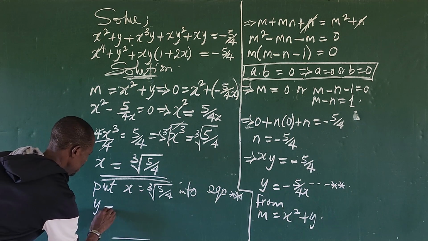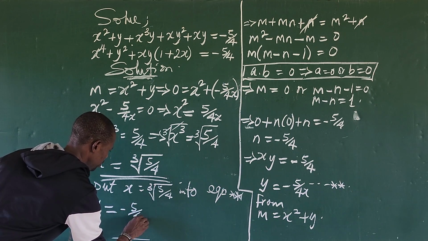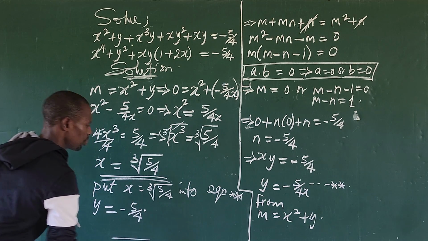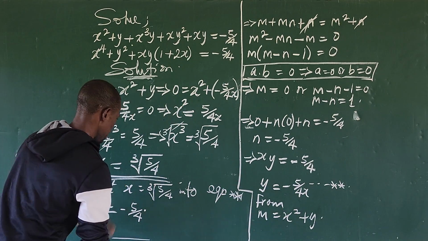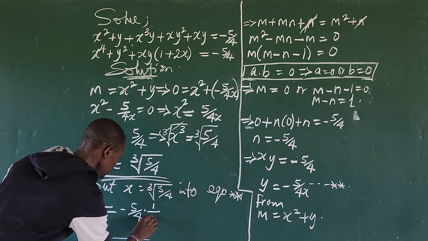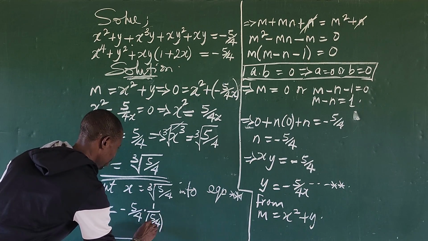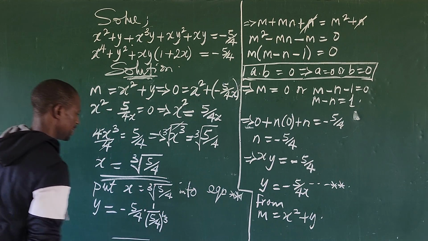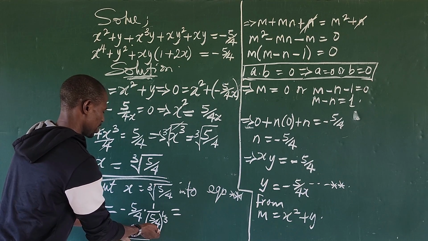We have y is equal to minus 5 all over 4 into our x. This is the same thing as 5 all over 4 to the power of 1 all over 3. We can rewrite this expression.